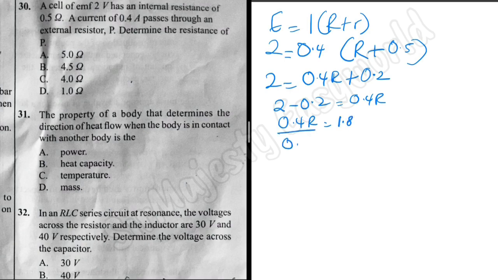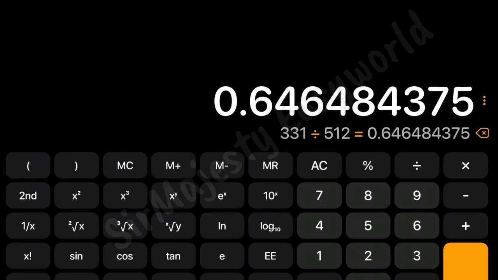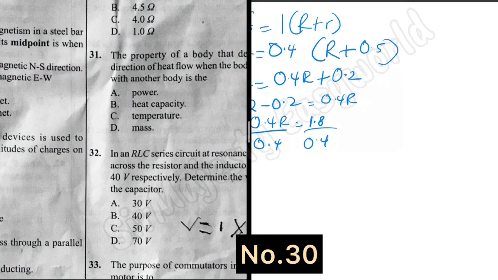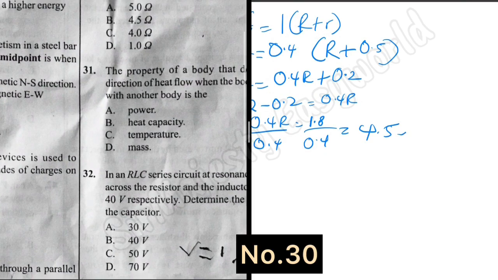So dividing both sides by 0.4, that will give us 4.5 ohms.